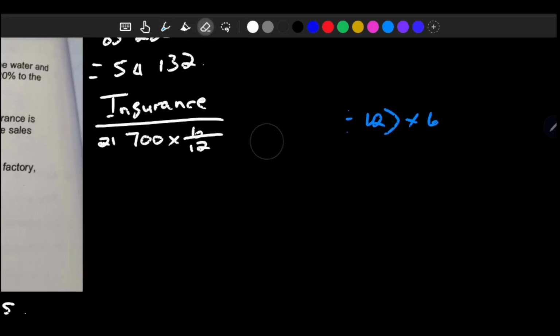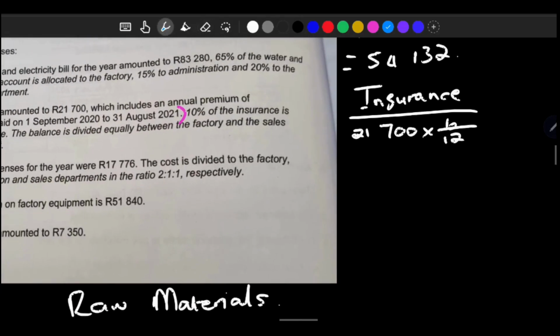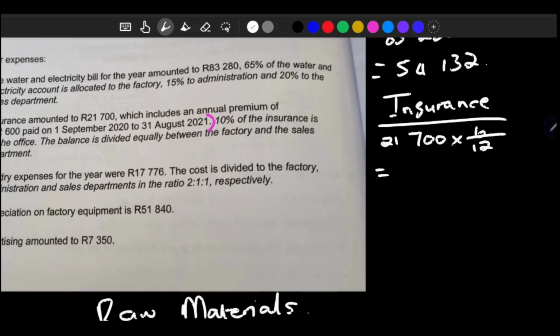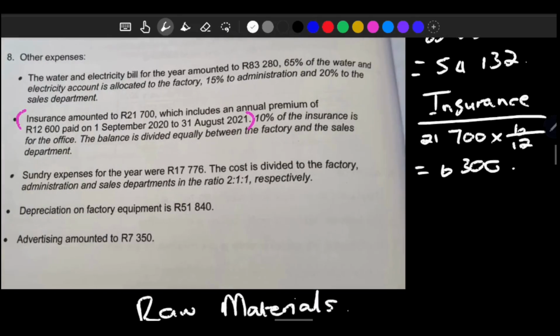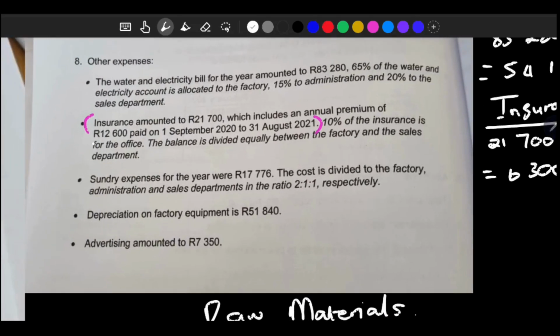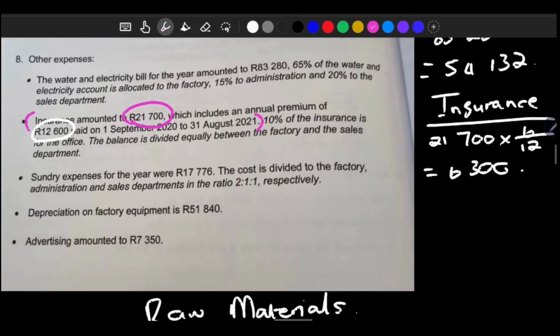Same thing, different methods, right? As long as you get to the right answer, right? And that will give us 6,300.